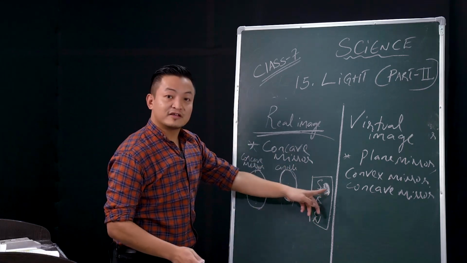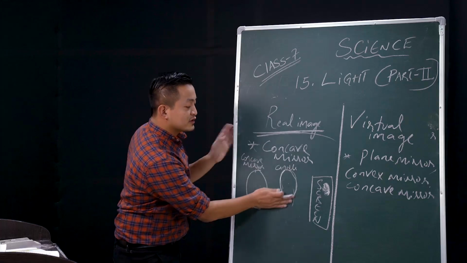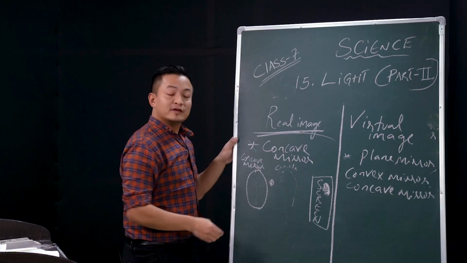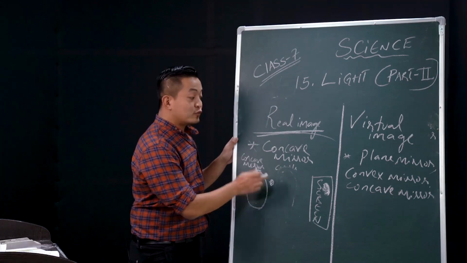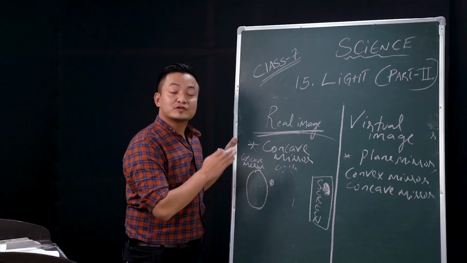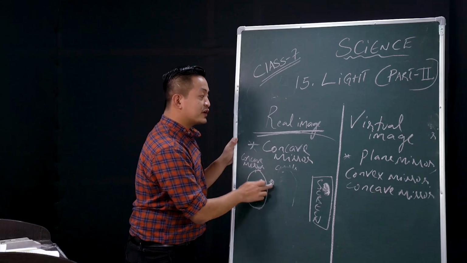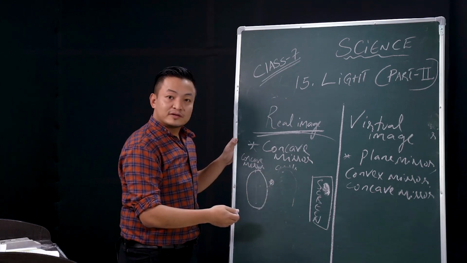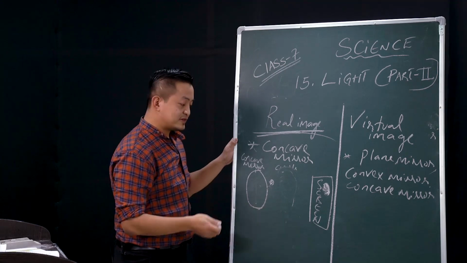But if you bring the candle very close to the concave mirror, then what happens? It becomes virtual erect, right? So virtual erect image will not project on the screen. Clear? So that is the difference.